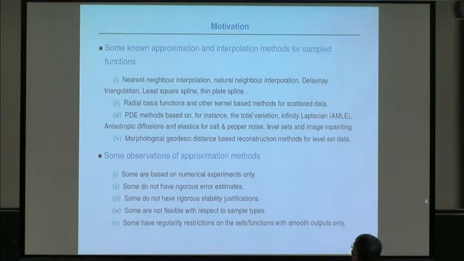There are quite a number of methods, but I won't read through all of them: radial basis functions for scattered data, nearest neighbor interpolation, thin plate splines, and Delaunay triangulation. There are also many PDE-based methods.